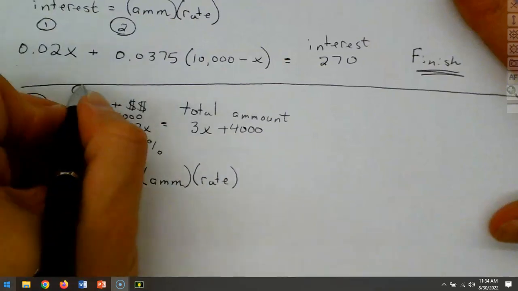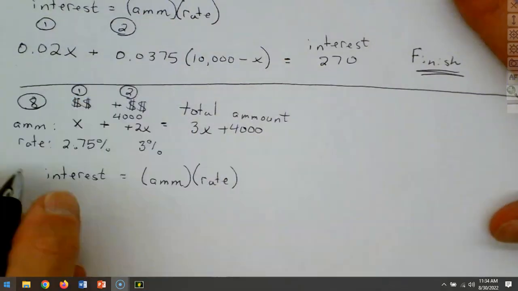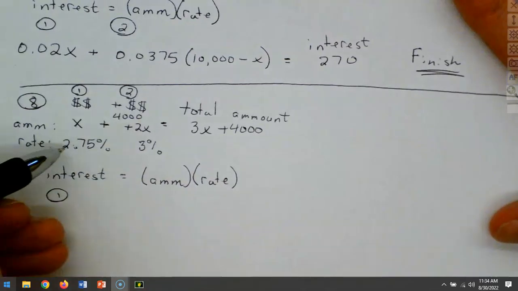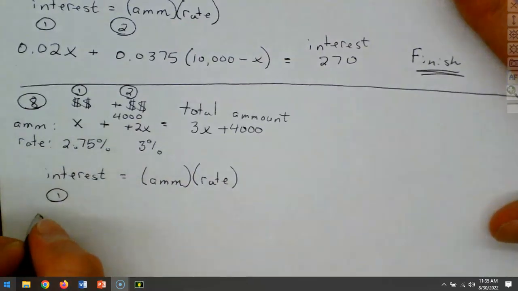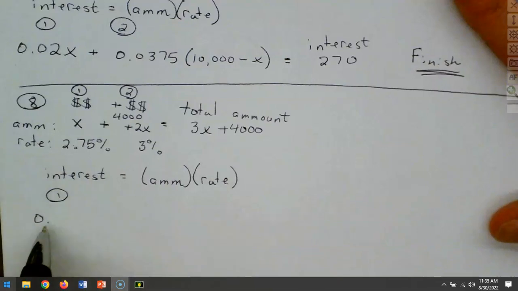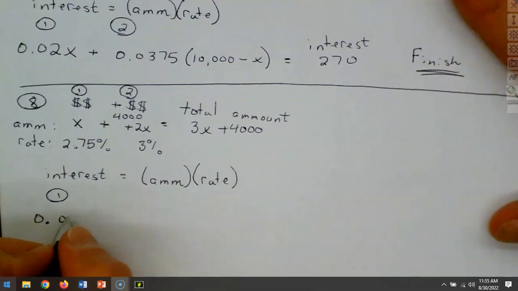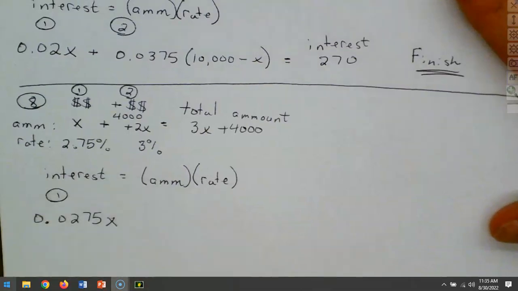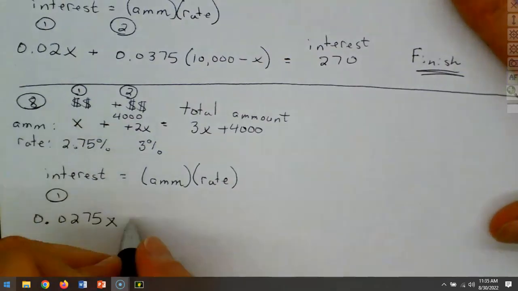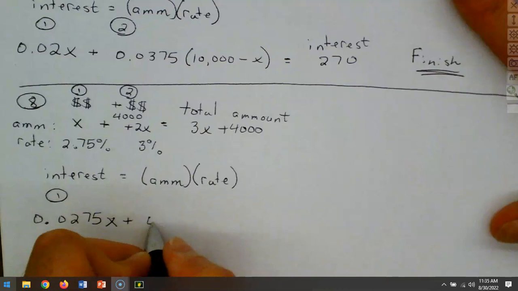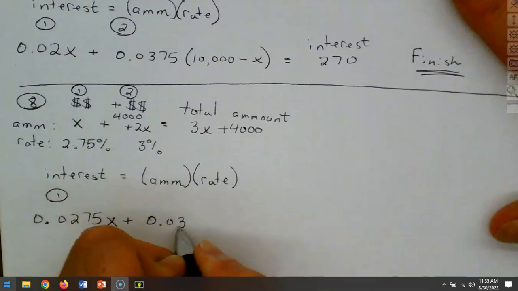And this is 1, and this is 2. So for the first one, multiply those together. Now it is 0. I always put the leading 0, so we don't make a mistake. 0.0275. X is attached to it. So that's there. The next one is 3%, so that is 0.03.